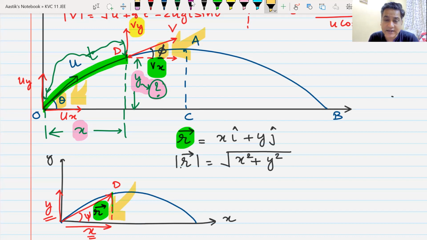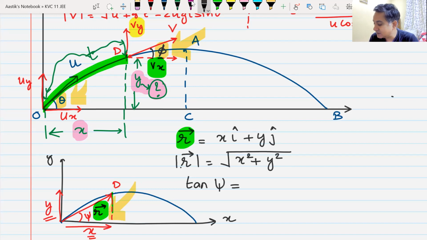The first one is theta, the angle of projection. The second one is phi, which is the angle that the velocity at any point makes with the x-axis. The third angle is the angle that the displacement vector makes with the x-axis. Are all the three angles same? No, sir. Then what is the value of tan of xi, the angle that the displacement vector makes with the x-axis?